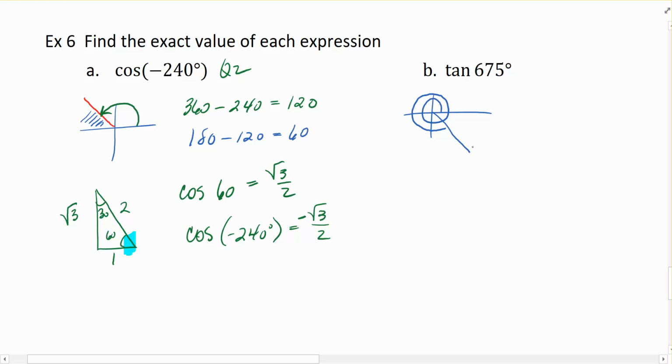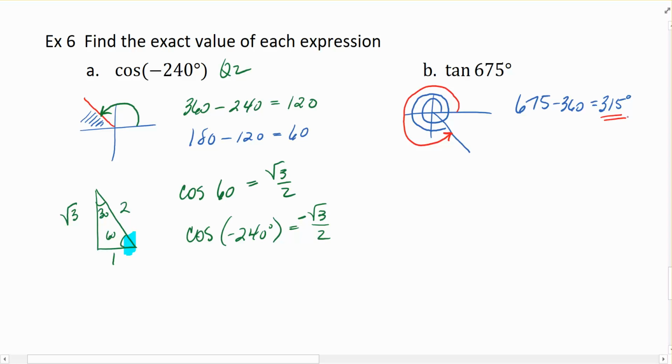So if I were to take 675 and subtract 360 degrees, I would end up with 315 degrees. So 315 degrees is coterminal to 675.